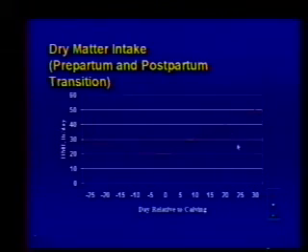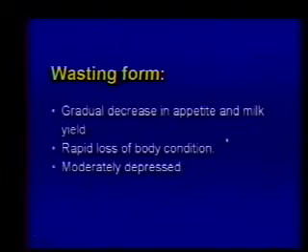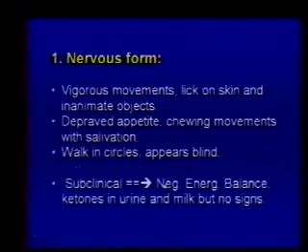And consequently, she loses weight during these first 2 to 3 months postpartum. There's a wasting condition, where there's a gradual decrease in appetite and milk yield. There's rapid loss of body condition, and the animal may be moderately depressed.